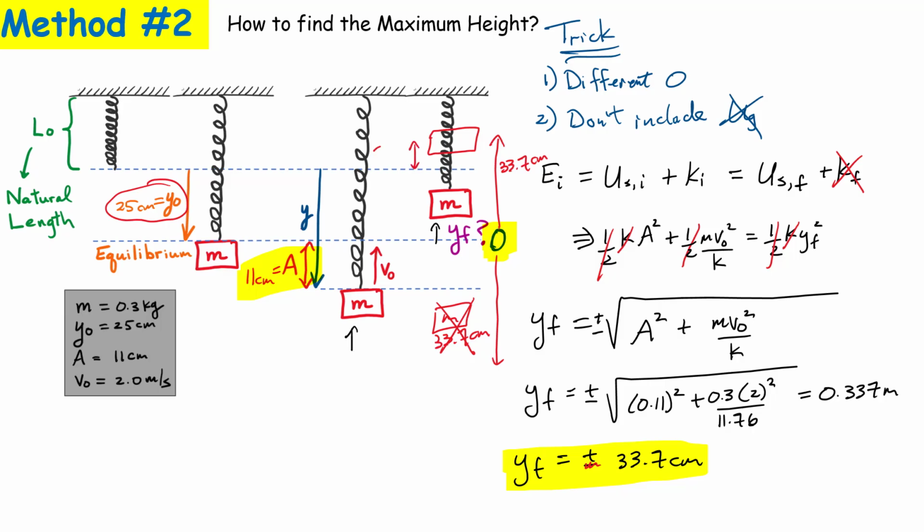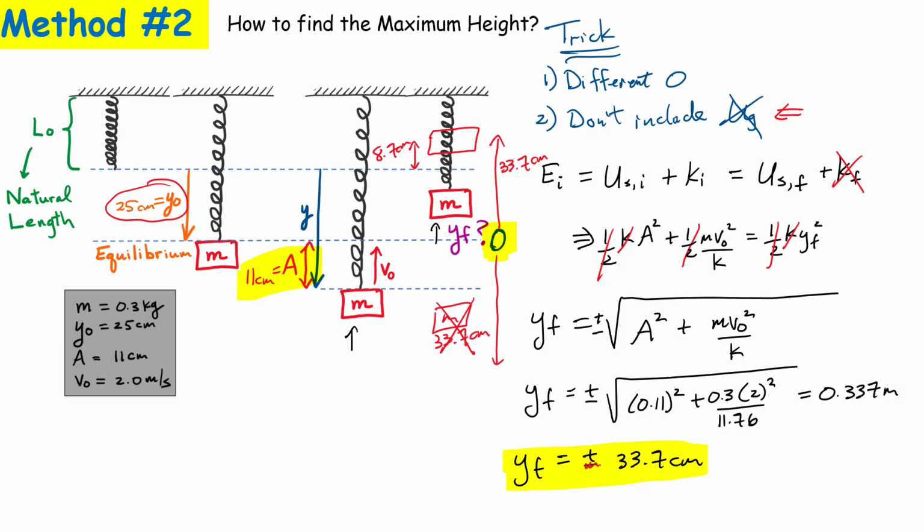We're still getting the same final distance. We're just measuring it with respect to a different 0. What makes this a little bit weird is that we don't include anything to do with gravity when we use method 2. Gravity gets already included when you find this equilibrium position. So that's why this method works.